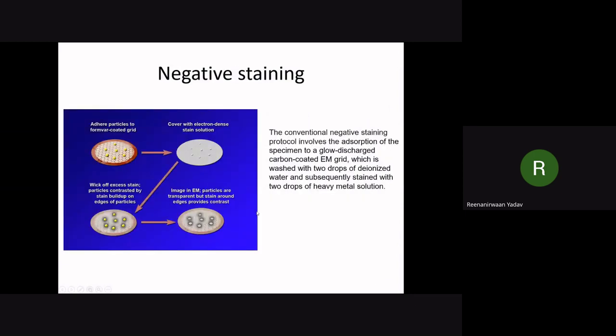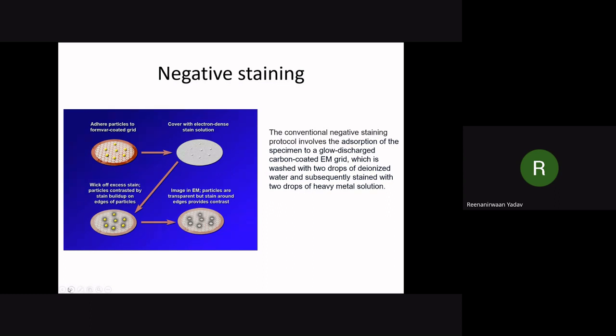So when we come to the protocol of negative staining, as we discussed earlier, our grid has a thin layer of carbon which is generally hydrophobic. So to spread our sample properly on our grid, we have to do glow discharge to make it hydrophilic, and we can also clean out other impurities which are on our grid from the preparation by using the glow discharge.